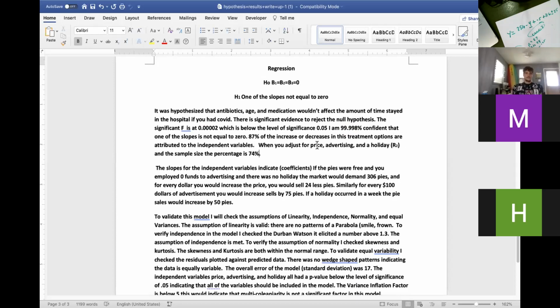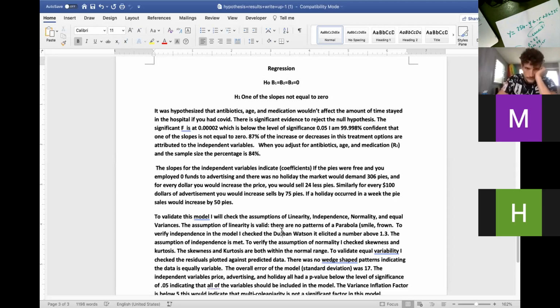When you adjust for antibiotics, age and medication, and the sample size, the percentage went to 84.